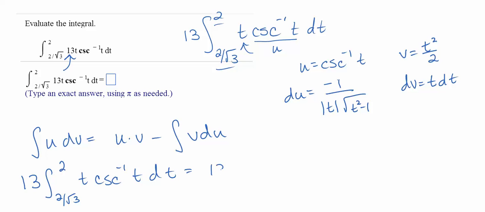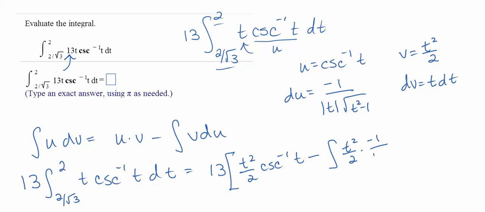And we have uv, so I'm going to put the v first: t squared over 2 inverse cosecant of t, minus the integral of v du, so that's going to be t squared over 2 times this negative 1 over, and I can just write t squared minus 1 dt. And I'm not going to write the limits. I'll evaluate the limits in a minute.